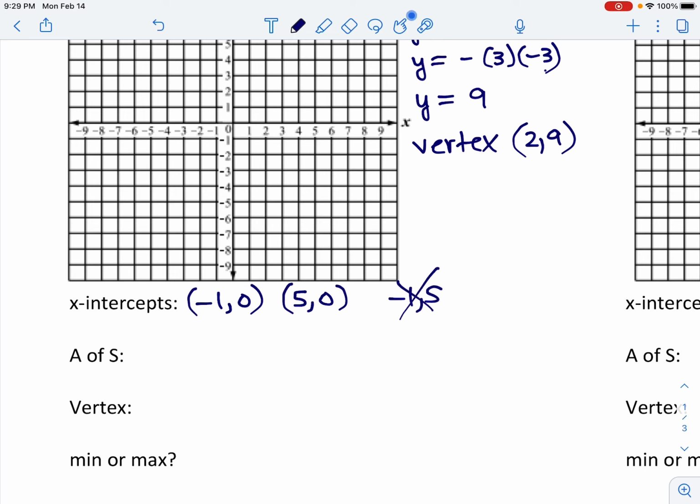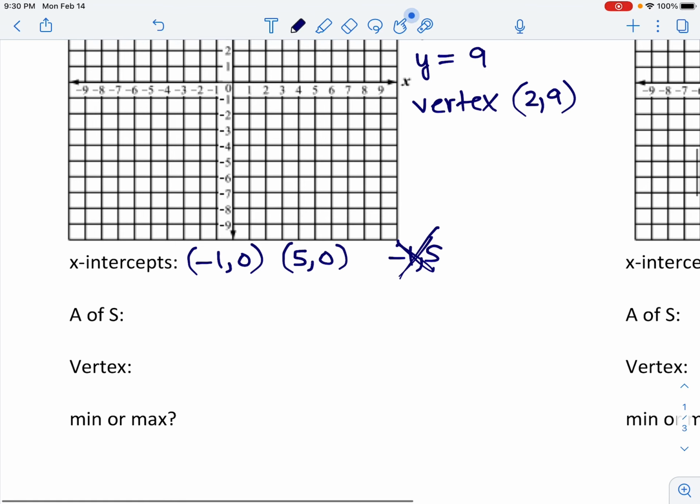That's not the way it's written. Otherwise, that's not going to be x-intercepts. X-intercepts have to be on the x-axis, and negative 1 comma 5 is not there. So you cannot write our x-intercepts like that. That's just 1 point. We need 2 that are on the x-axis. All right. The axis of symmetry is x equals 2.